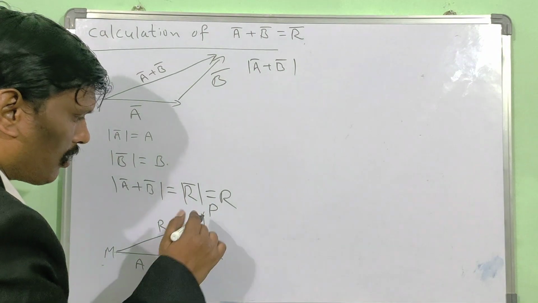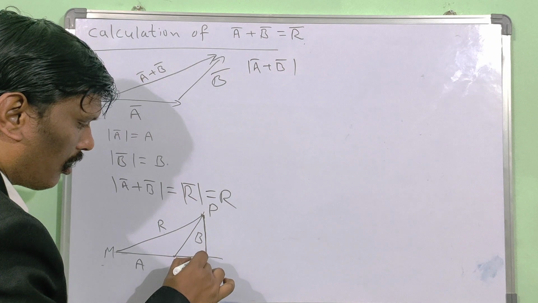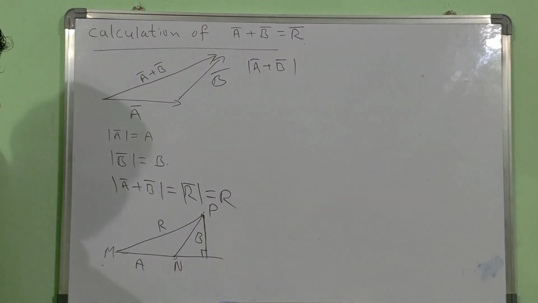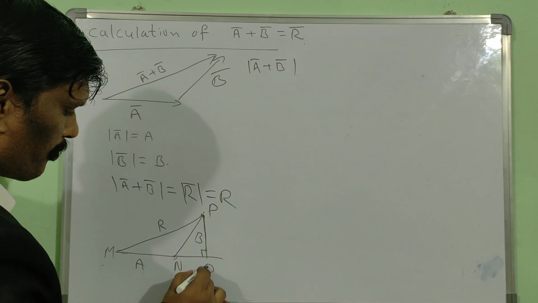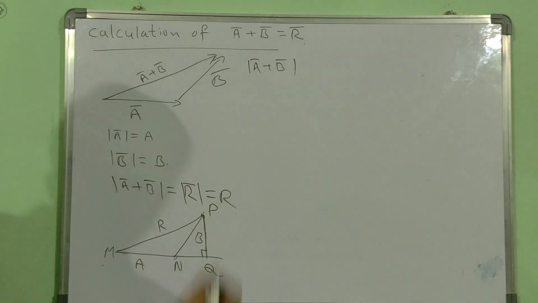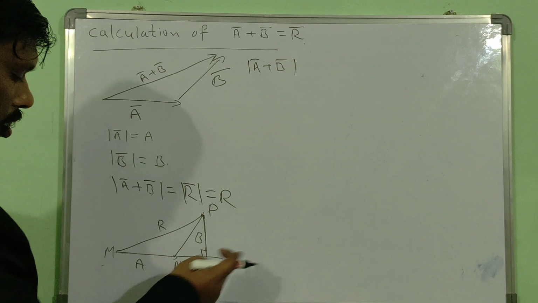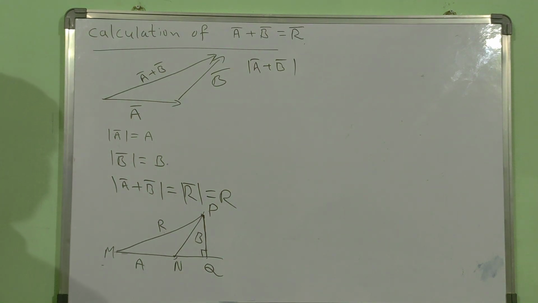On the produced MN, I am going to drop a normal, that means a perpendicular, from P to some point Q. P to Q. I am going to drop a normal onto the produced MN.